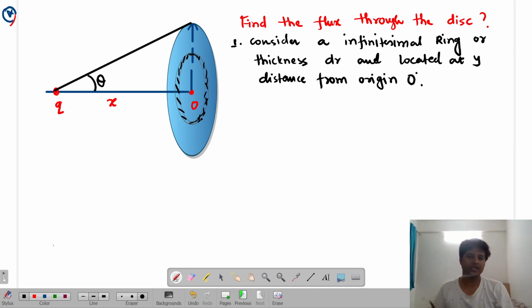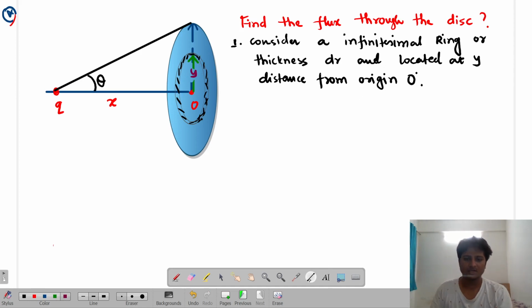Right or not? What will I select? I'll select this ring of some thickness and then I'll say that it is located at some y distance away from my center. ठीक है ना?